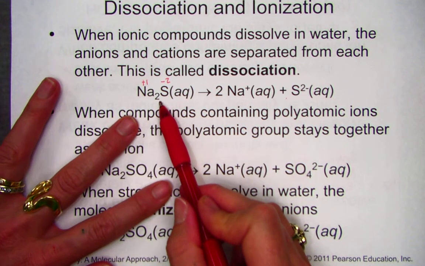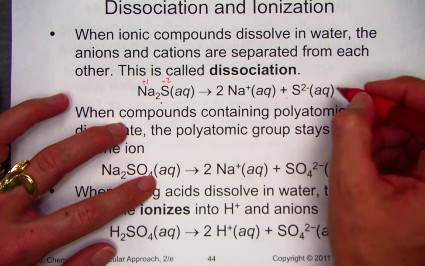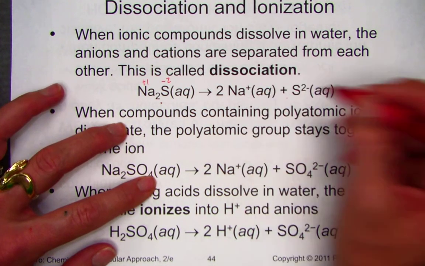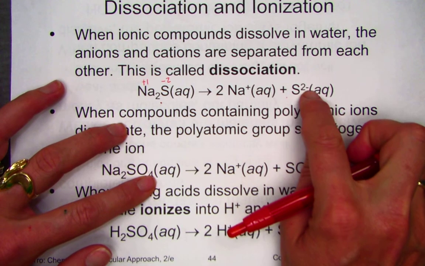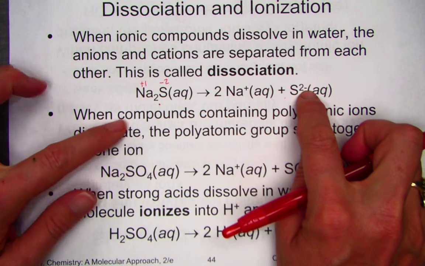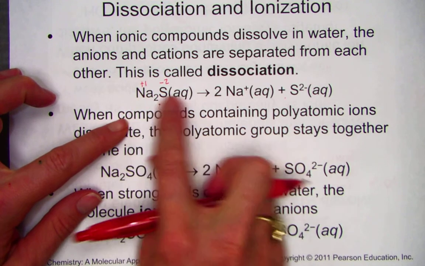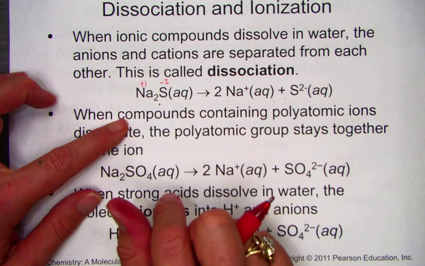When it dissociates, it separates into the ions, and ions carry charges, and it's those charges that are lighting up that bulb. I need to show the charges on the dissociated form, letting you know that it's an electrolyte, indeed a charged ion. 2 sodium ions are released, and 1 sulfide ion is released.